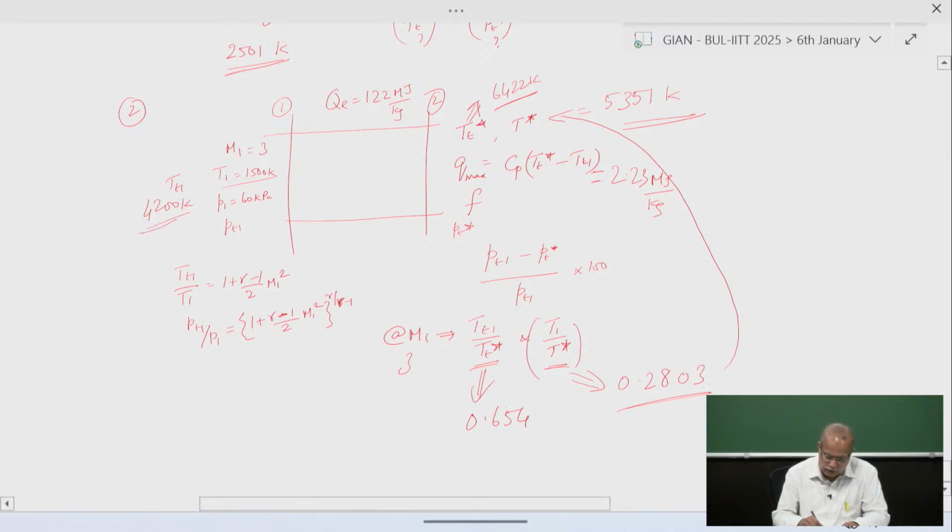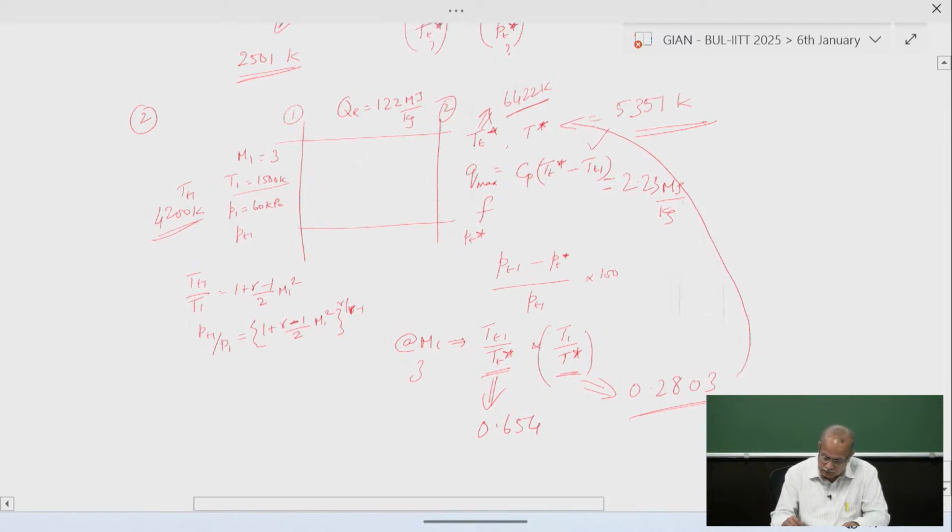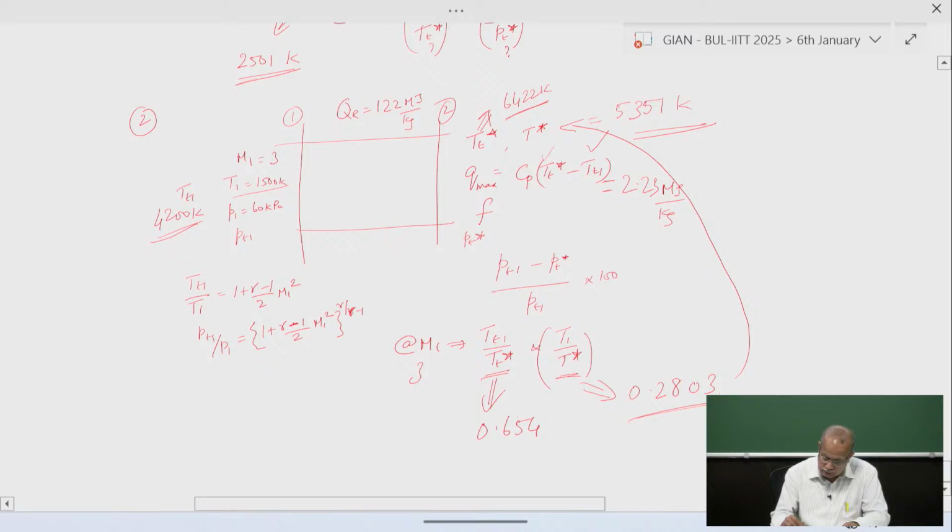TT1 already you have found out, TT star you have already calculated, and CP 1004.5, whatever the value you got. So you could also write here CP TT1 into TT star by TT1 minus 1.